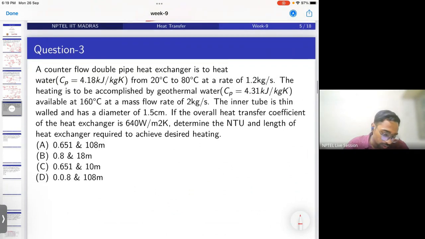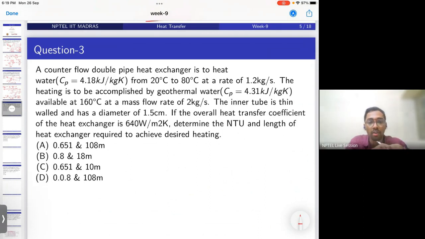Now let's move on to the next question. In this question, a counterflow double pipe heat exchanger is to heat water from 20 degrees Celsius to 80 degrees Celsius at a rate of 1.2 kilogram per second.